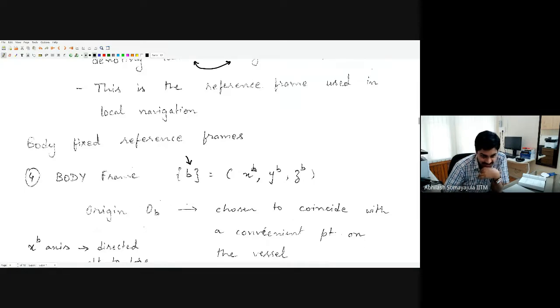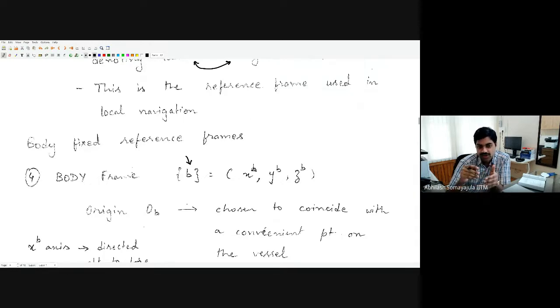The origin of this body fixed frame, we typically try to choose at a convenient point on the craft. We don't want to choose a point which might be varying or changing over time. So choosing the center of gravity of the vessel is usually not a great idea. Although it simplifies your equations of motion, the center of gravity need not stay constant.